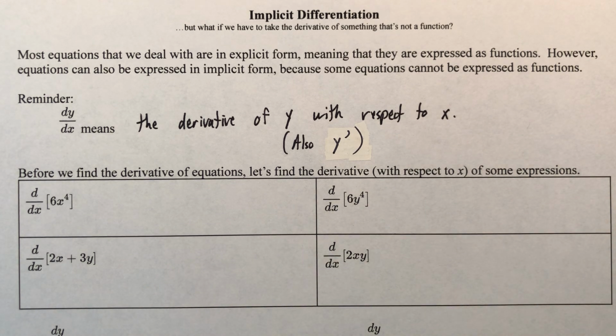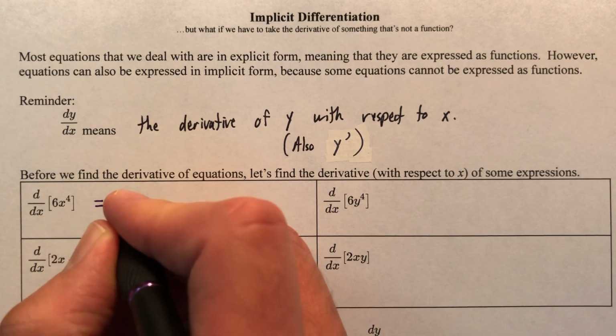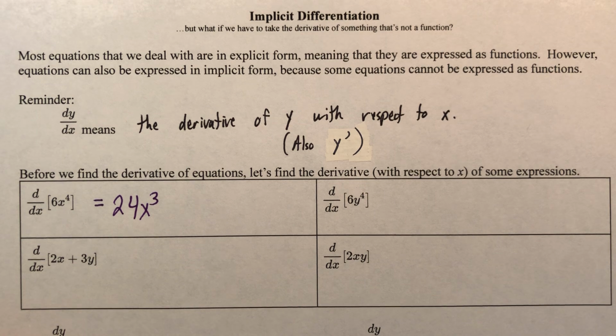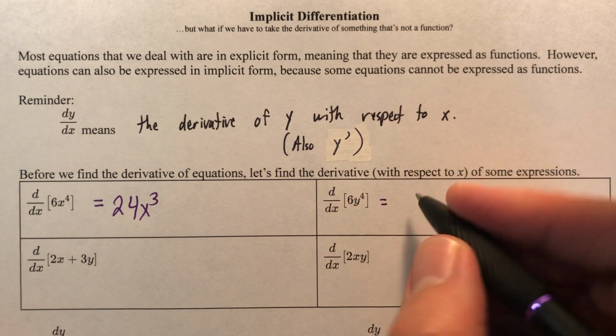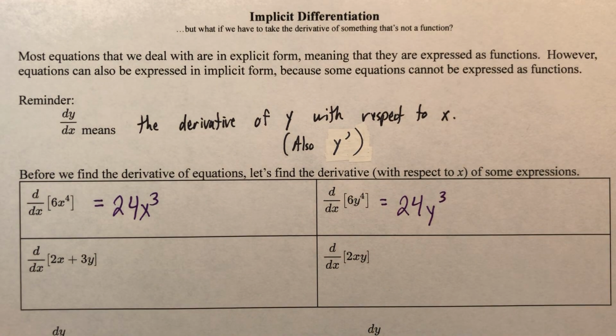If I am taking the derivative of y with respect to x, then I'm just going to take the derivative like I've been doing. Let me show you. What's the derivative of 6x to the fourth? Oh, 24x to the third, and we're all happy. Hey, what's the derivative of 6y to the fourth? Oh, 24y to the third, and we're not all happy.